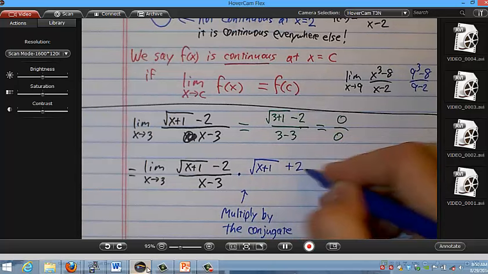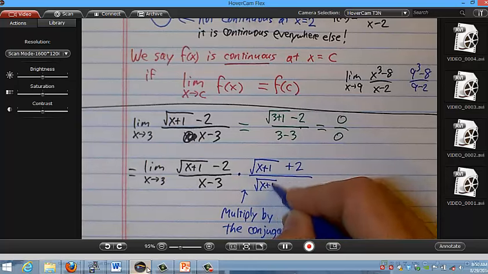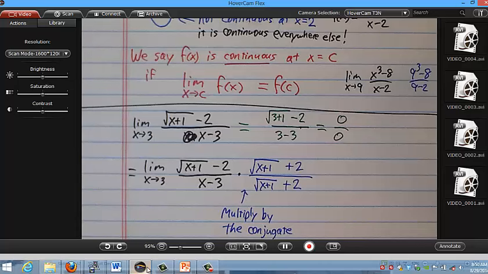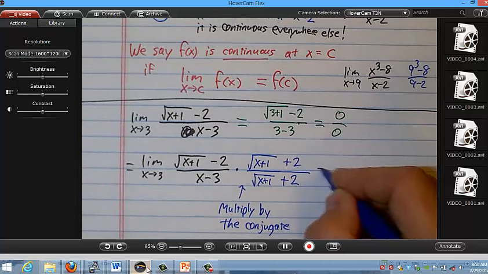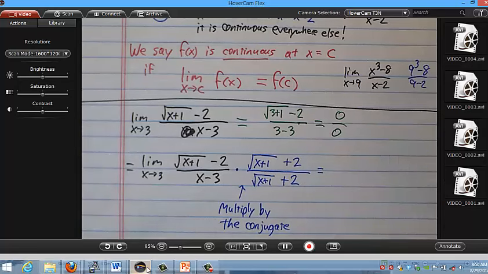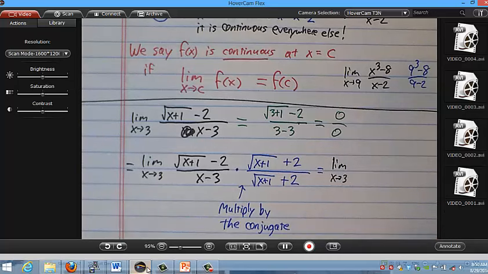I'm going to multiply by the square root of x plus 1 plus 2 in both the numerator and the denominator. Okay? So watch how this works. We will do the limit as x approaches 3. And let's not really multiply out yet. Let's keep this as x minus 3 in parentheses times the square root of x plus 1 plus 2 in parentheses.